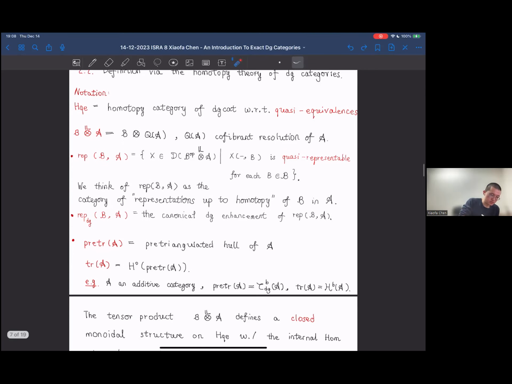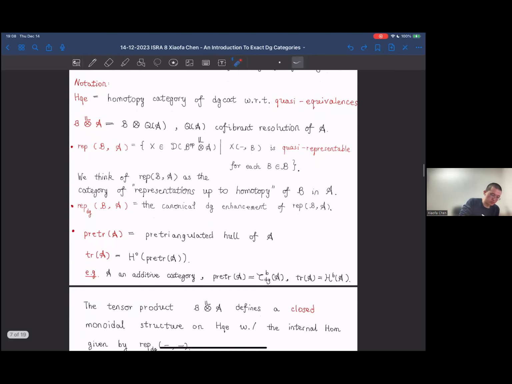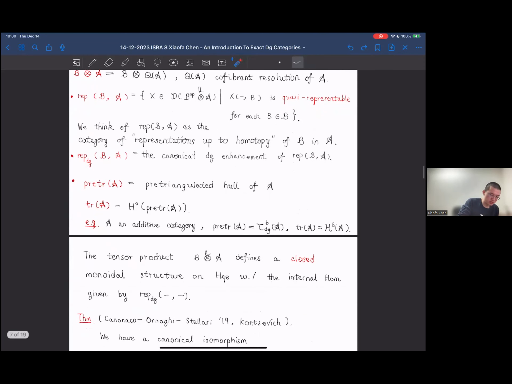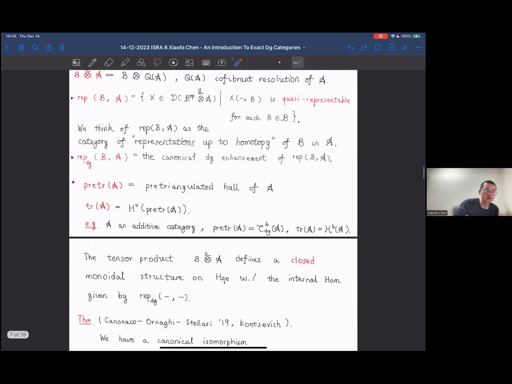And its H0 will be denoted by tri A. Okay. So as an example, when A is an additive category, so it's concentrated in degree 0, then its pre-triangulated hull will simply be the DG category of bounded complexes over A. And its H0 will simply be the bounded homotopy category of complexes over A.